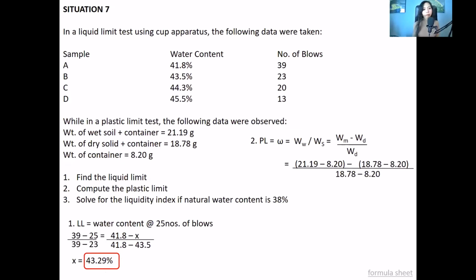Pero parang, am I wrong? Wait lang, Engineer. I think baka mali yung aking calculation. 10.78 minus 8.2.